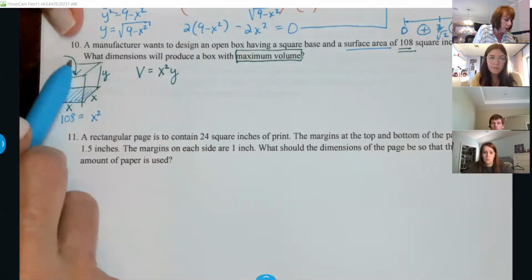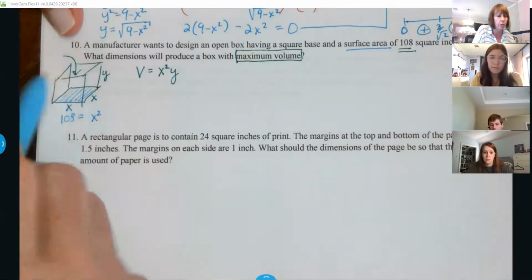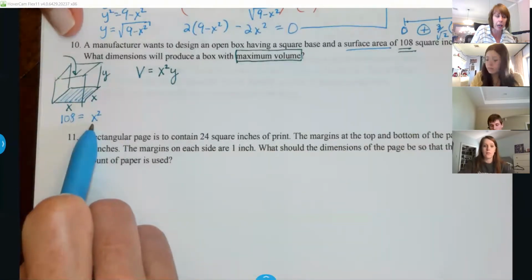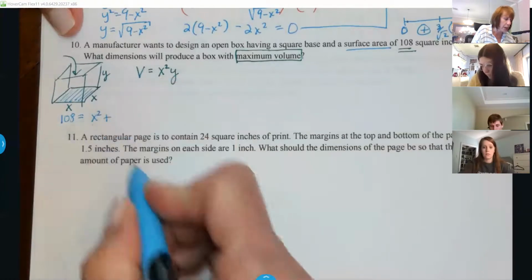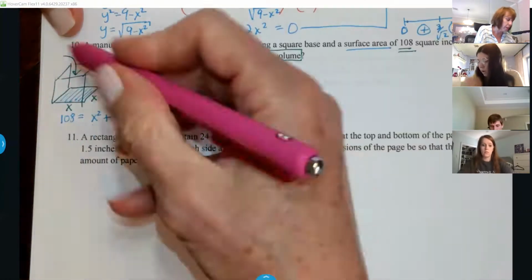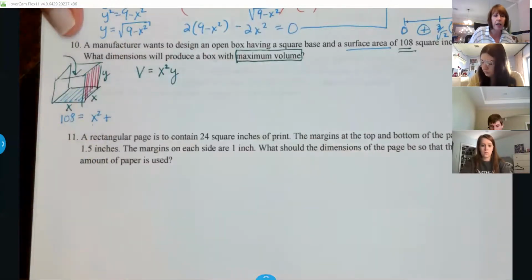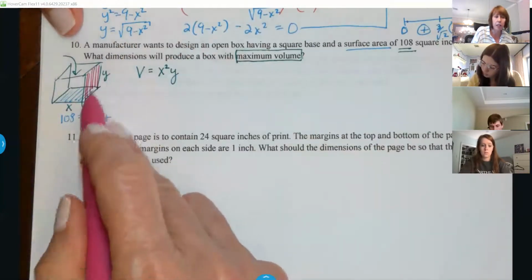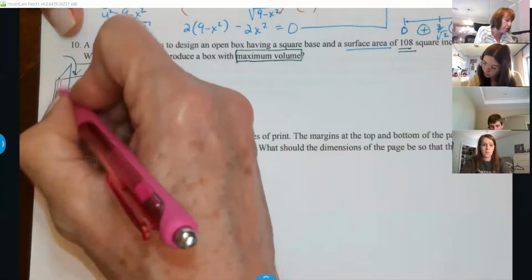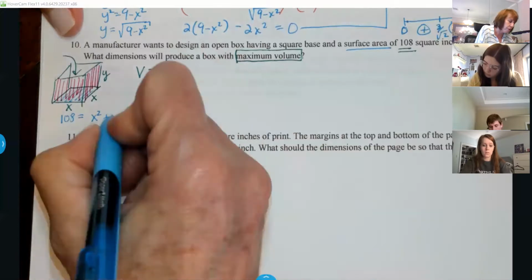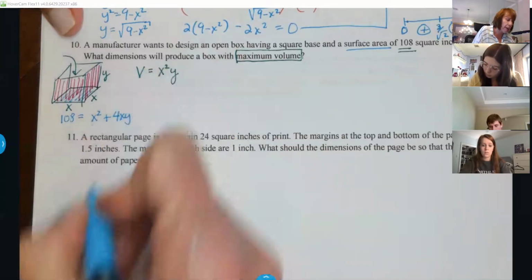And there would be one on top if the box was closed, but it's open, so there's just one x squared side. Plus, now let's go to the sides. The area of that side is length times width, so x times y. And we have 4 of those, right? So there's going to be 4x times y.